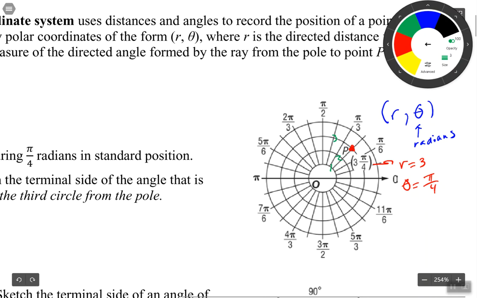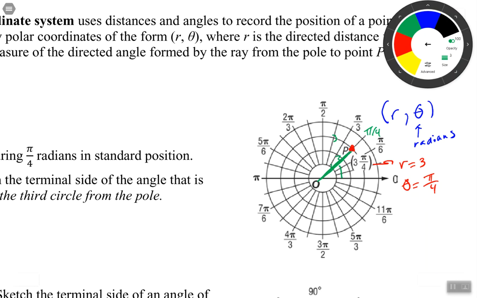Do you see how it's on the band for a radius of 3? So if I'm looking at this one right here, do you see that that angle is pi over 4? So it's a radius of 1, 2, 3, and the angle is pi over 4. Can you label that point the same way you could have labeled it using unit circle?